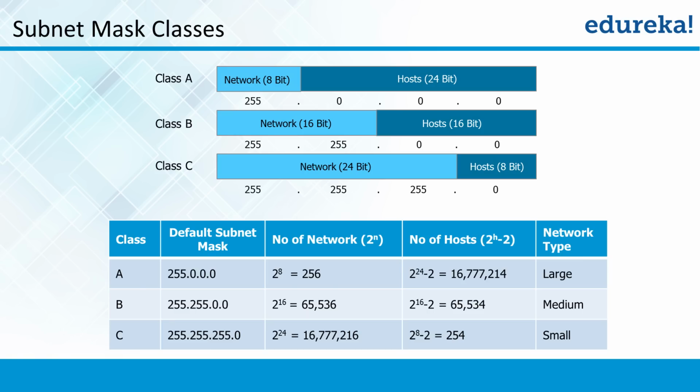Just remember that there are three types of networks depending on the subnet mask, and they can be very big, 16 million, or small, which is 256 IP addresses. What we do mostly in VPCs is set up subnet masks with class C. The VPC itself is a class B, and within the VPC you can have one or more subnetworks which are class C networks. So that's how it works.